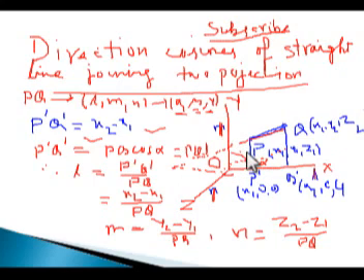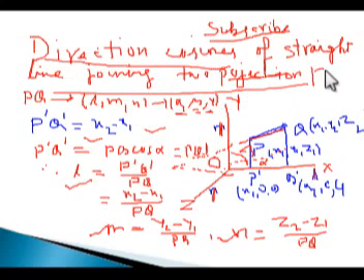It is a very hard diagram. So we have found that the direction cosines of PQ can be evaluated by the projections on the x-axis, y-axis, z-axis and the line joining the two points. In this way we can derive direction cosines of any straight line joining two points.